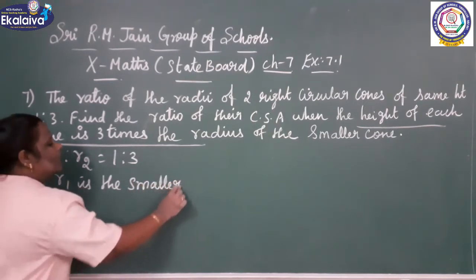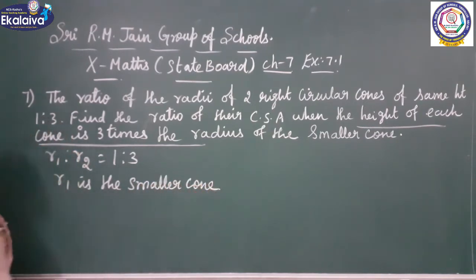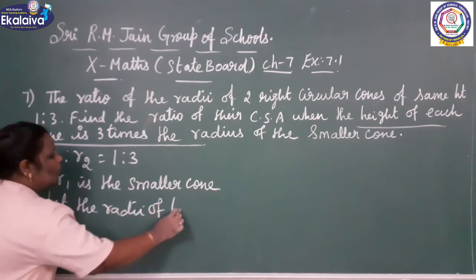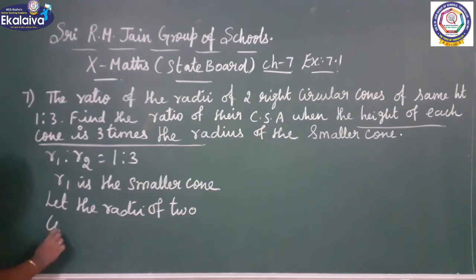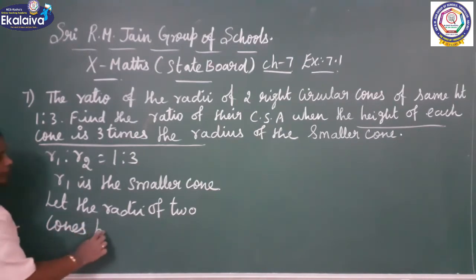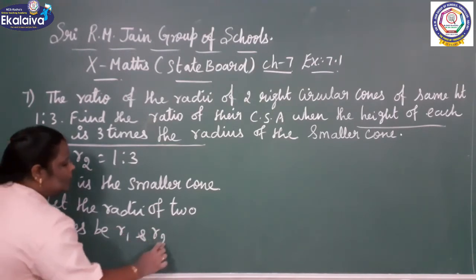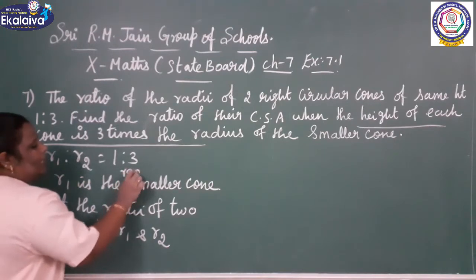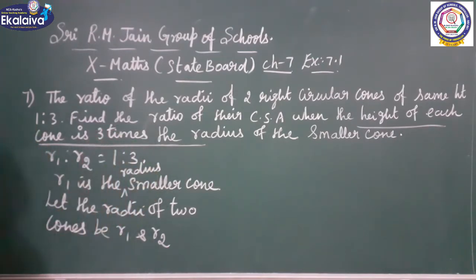Let the radii of the two cones be R1 and R2. In that, R1 is the radius of the smaller cone.